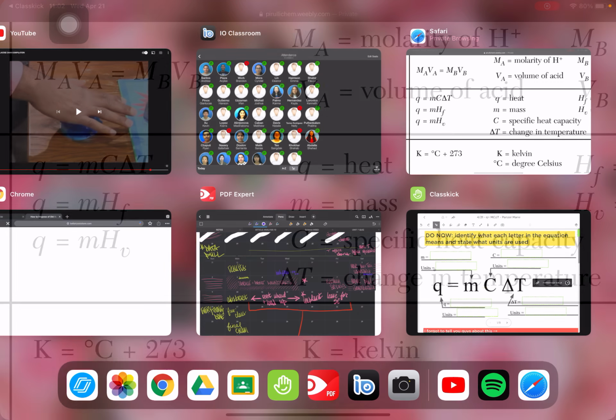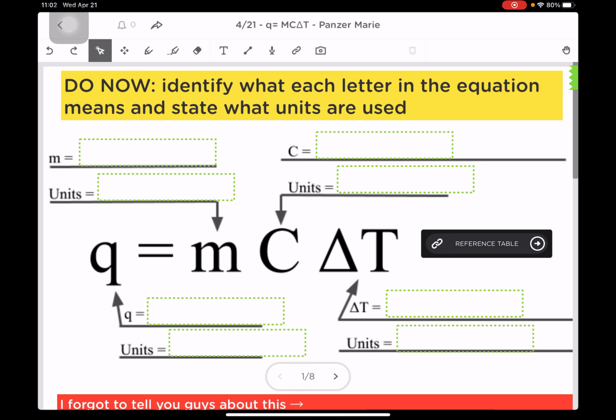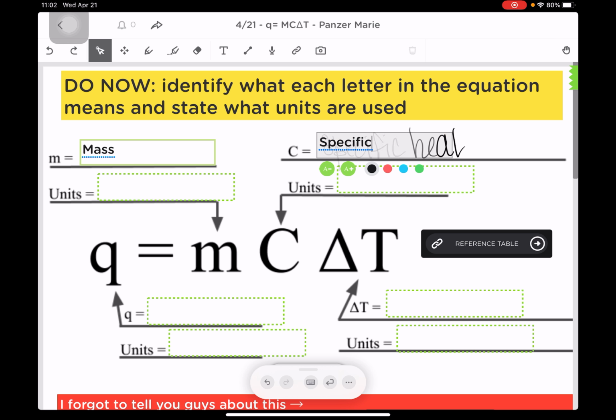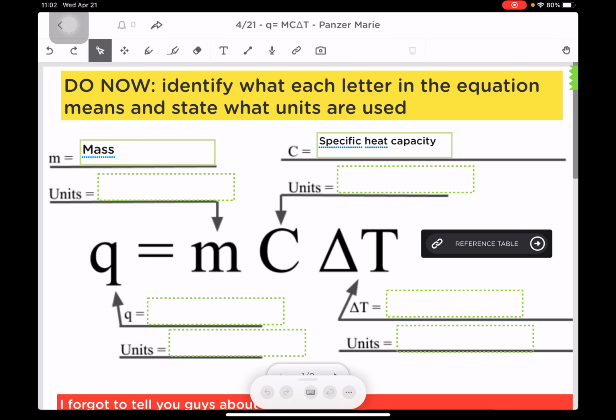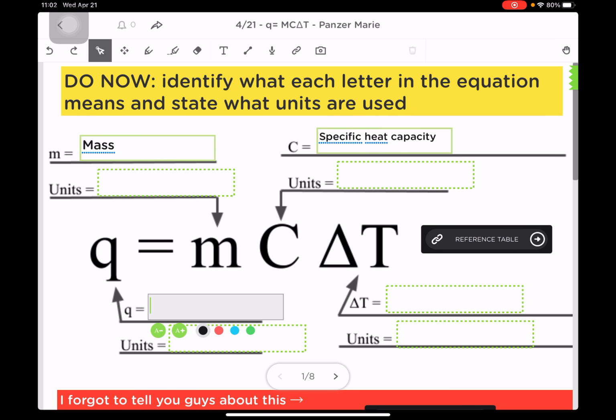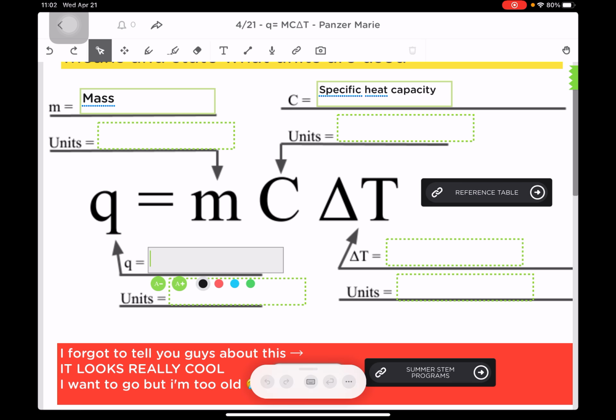All right, let's go back to class kick. And let's see, I have M, we said that was mass. C we said was specific heat capacity. Q we said was heat, not QAnon.